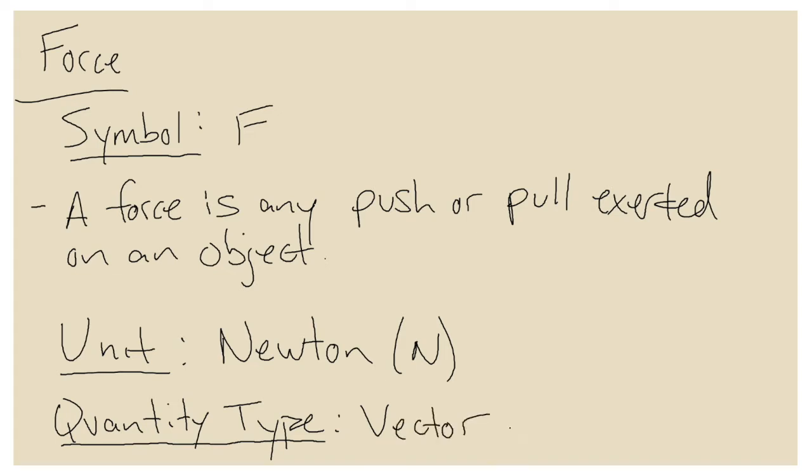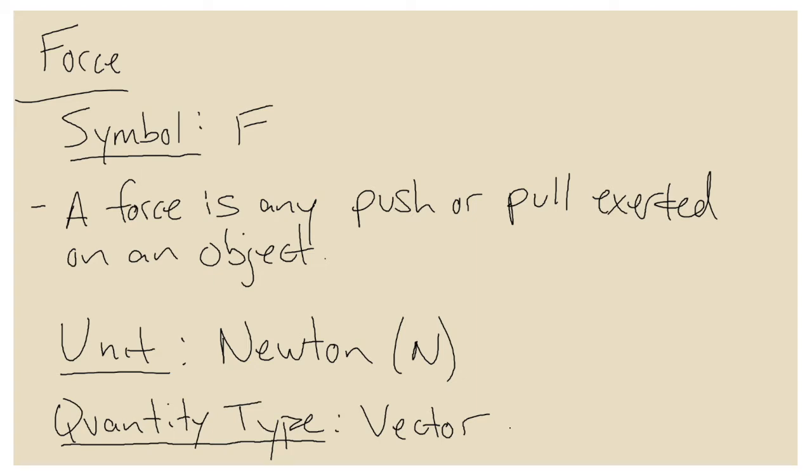So basically, all you need to know about forces, clearly because this is the first day we're talking about them, is that a force is a push or a pull, the symbol is an uppercase F, the unit is an uppercase N, and it's a vector. Because what I'm going to do right here is show you the steps involved in the analytical method, and then we're going to solve one. And you'll see in these examples that we're going to be using these ideas given here.